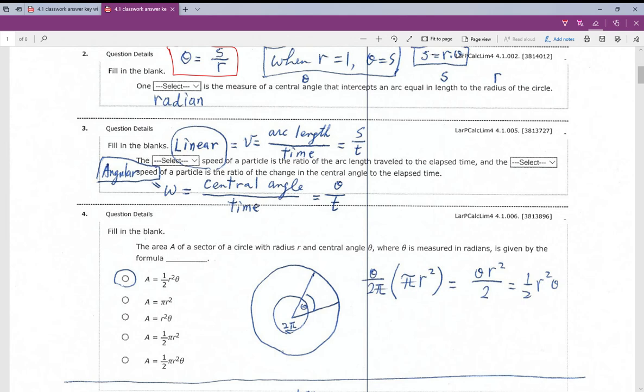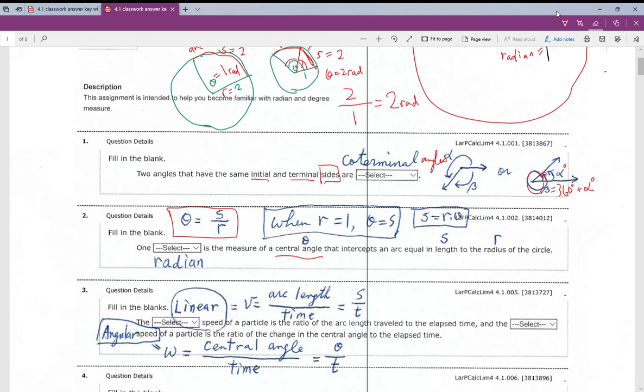So 1 radian is the measure of a central angle. What does the central angle mean? It means the angle we keep talking about, the angle theta, that intercepts an arc.